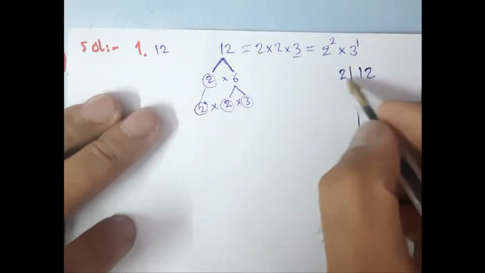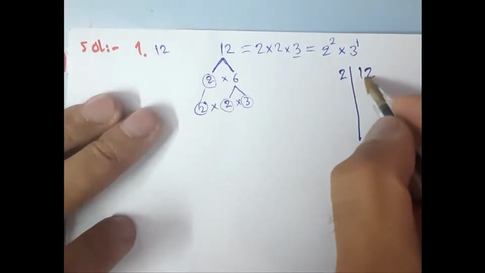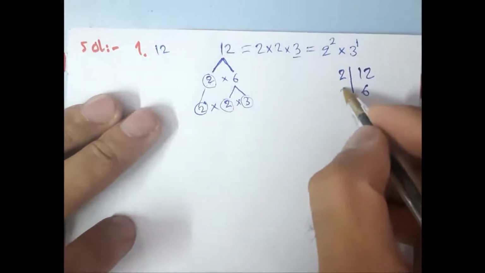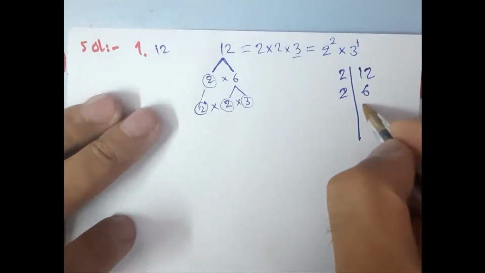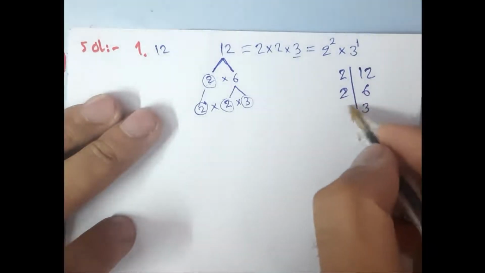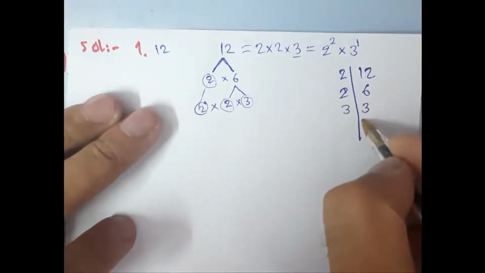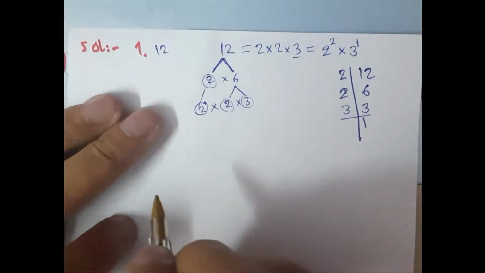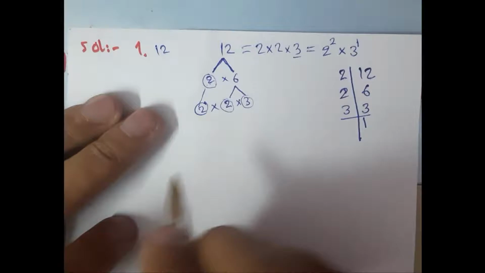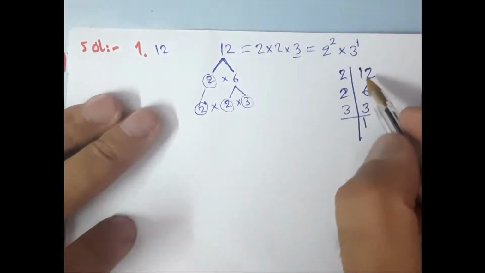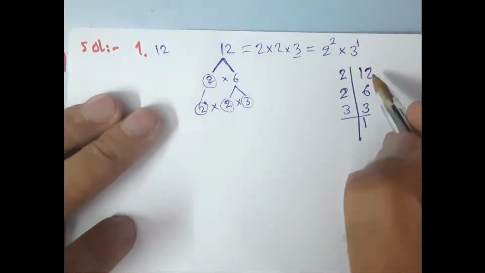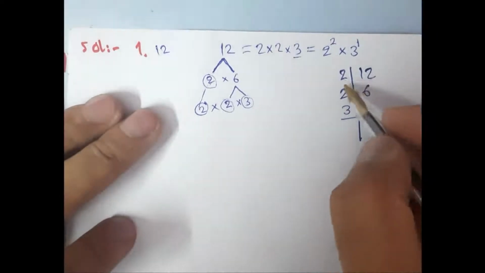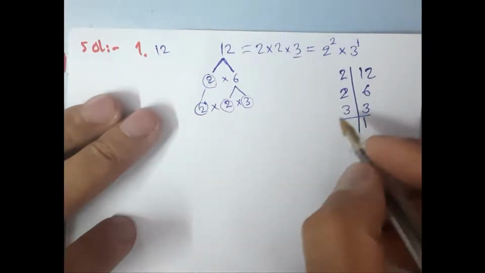So 12 divided by 2 is 6. 6 can also be divided by 2, and 6 divided by 2 is 3. 3 divided by itself gives 1. Actually we change the composite number 12 into these numbers.